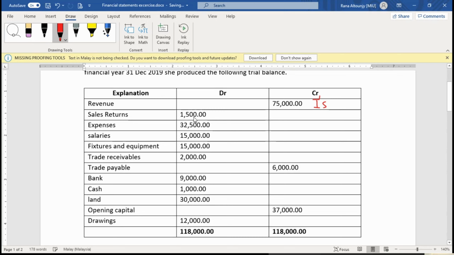Then we have sales return. Where do we put the sales return? Income statement, good.